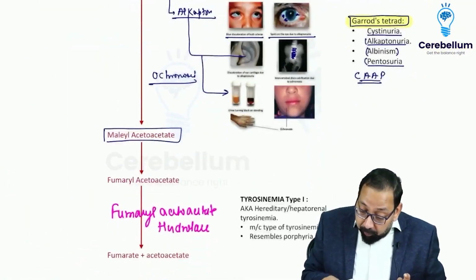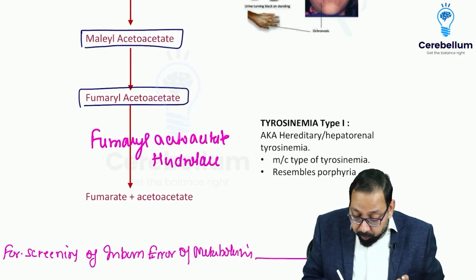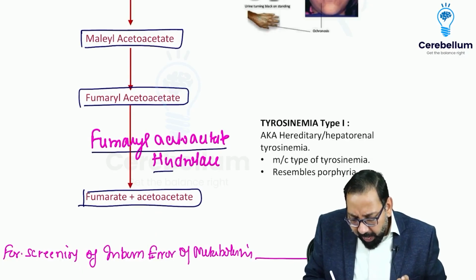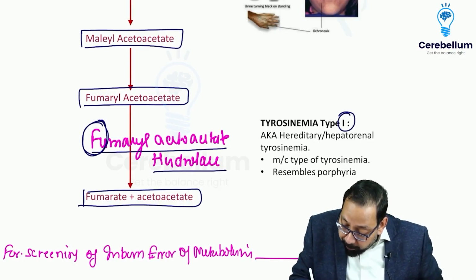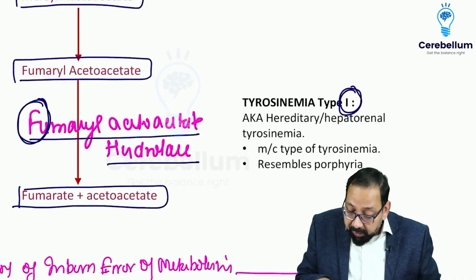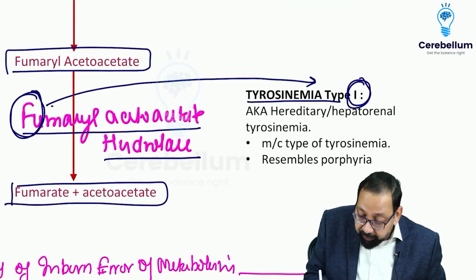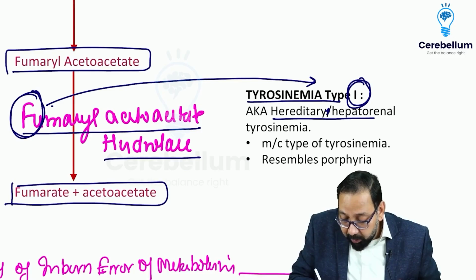Now we found that fumarylacetoacetate is converted to fumarate and acetoacetate by fumarylacetoacetate hydrolase. Deficiency gives tyrosinemia type 1, also known as hereditary hepatorenal tyrosinemia.